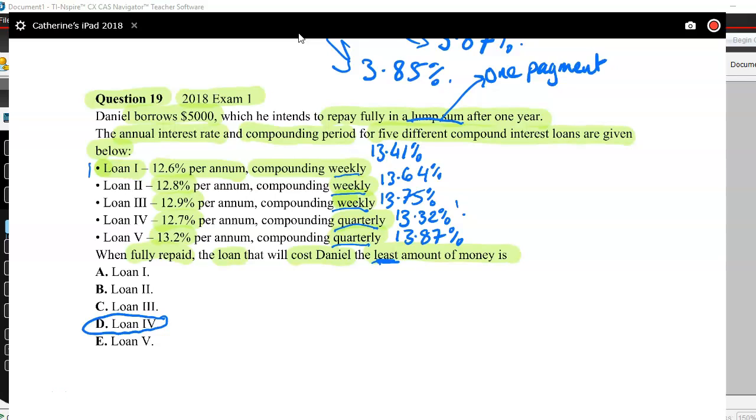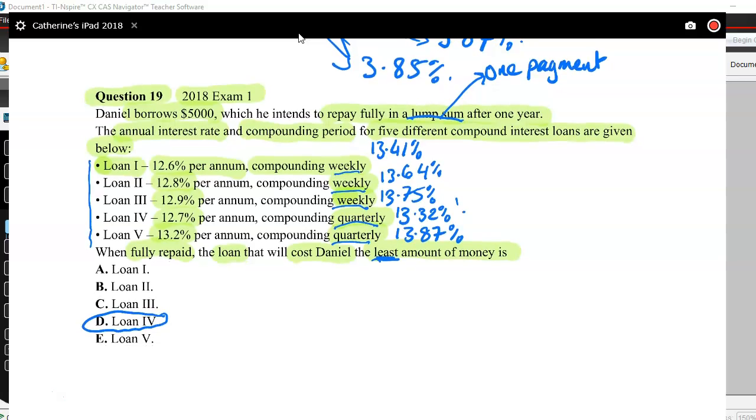But yes, here, the best way to compare these loans is to look at the effective interest rates, to really look at what effect these different compounding periods have on the effective interest rates and how much we are then going to have to pay. So if it's a loan, we want the lowest effective interest rate, don't we? But if it's an investment, so where you are earning the interest, you want the highest. So keep in mind that you are reading what's going on very carefully.